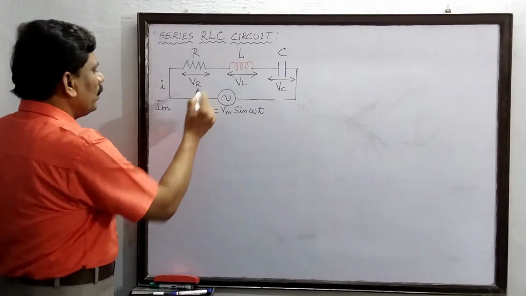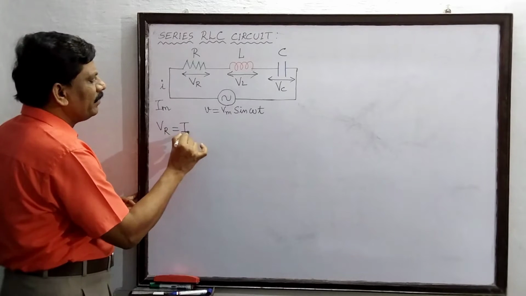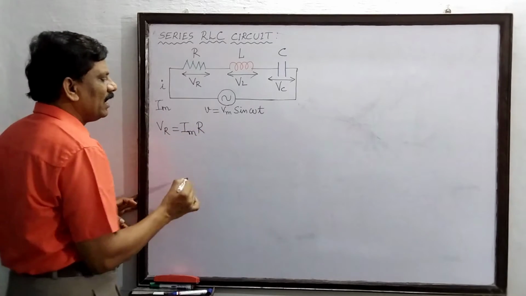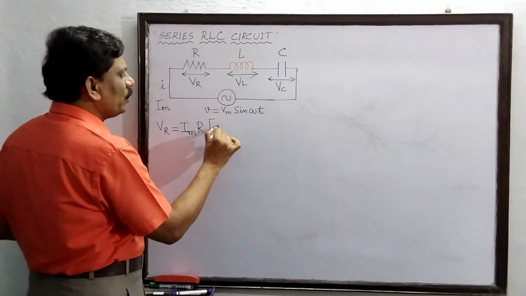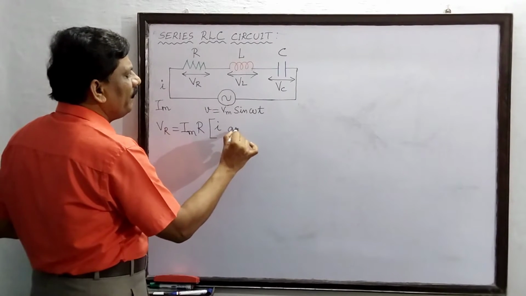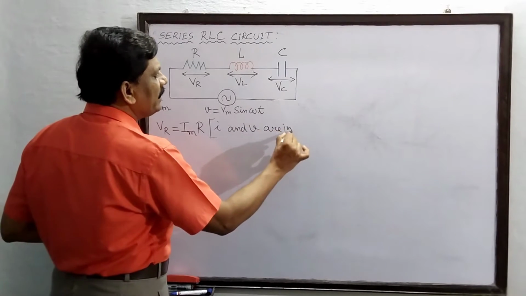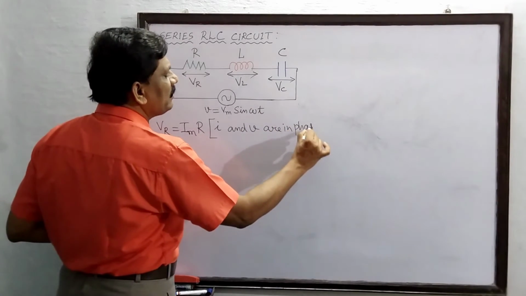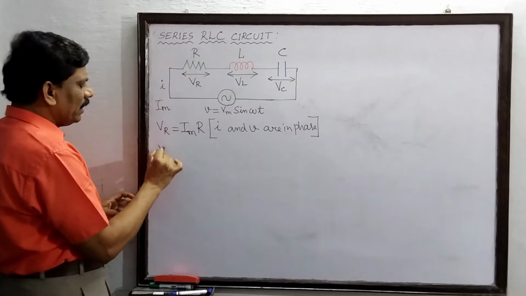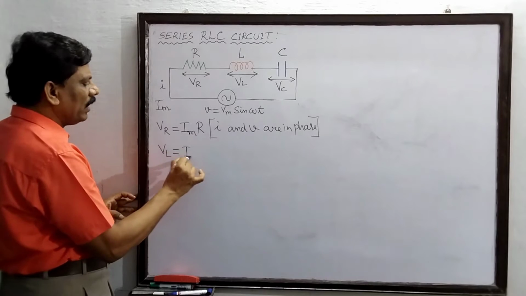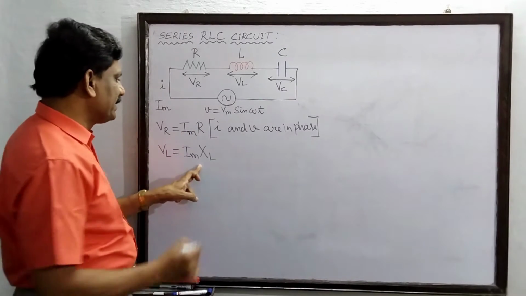Okay students, now what is VR? VR must be equal to I maximum into resistance R, and in the resistive circuit, current and voltage are in phase with each other. Now across the L, VL is equal to Im into the inductive reactance XL.